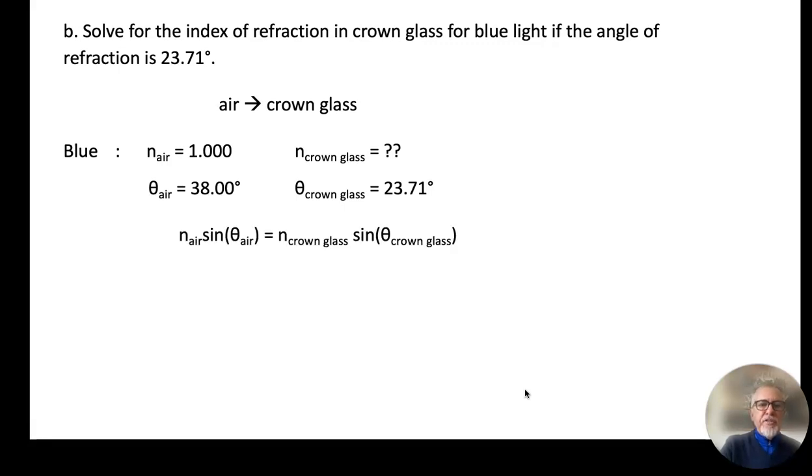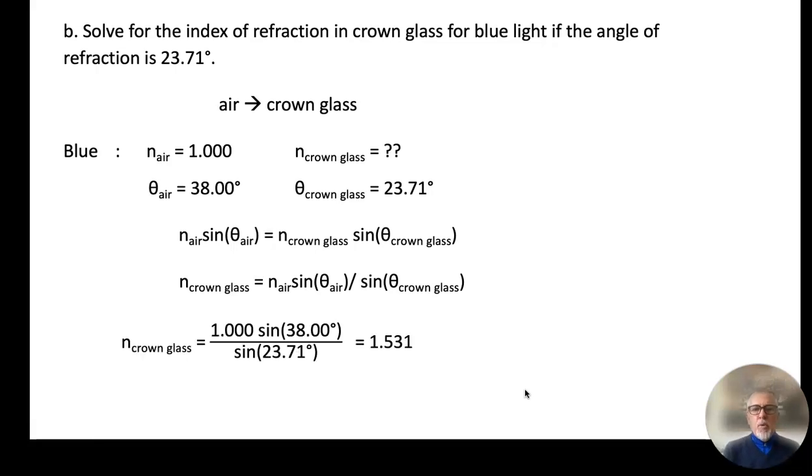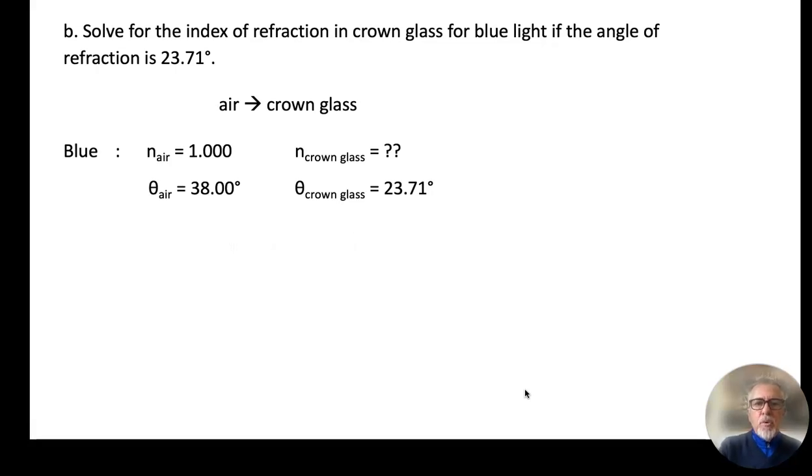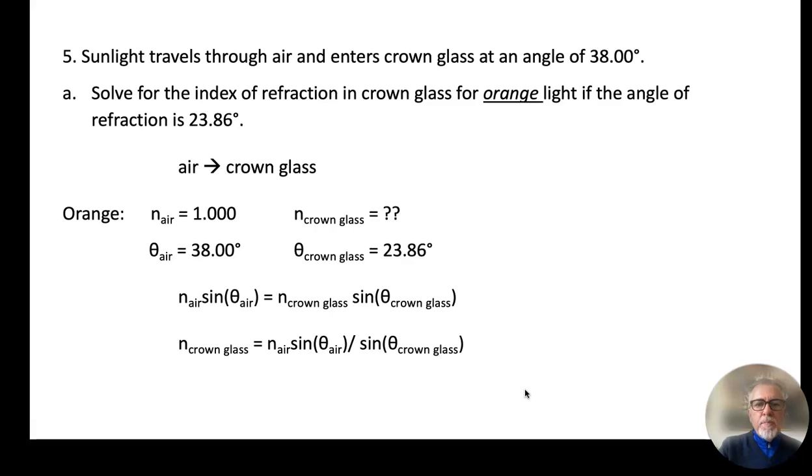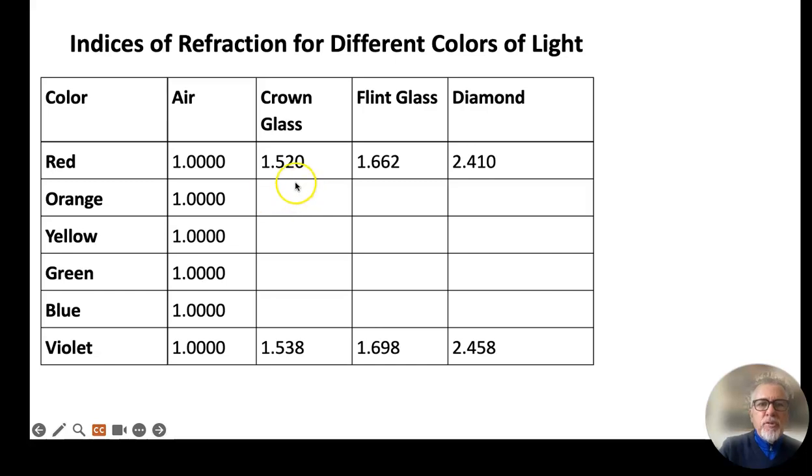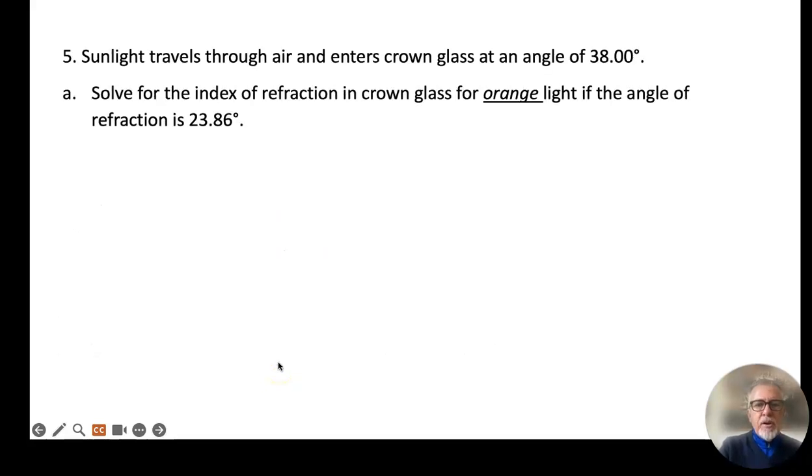You're going to solve Snell's law for the n of crown glass, and then you're going to substitute in. And what answer did you get? Well, hopefully you got 1.531. And if we now go back and look, 1.522 and 1.531, 1.522 fits in here and 1.531 fits in here. So you can see that they slowly increase in this table.